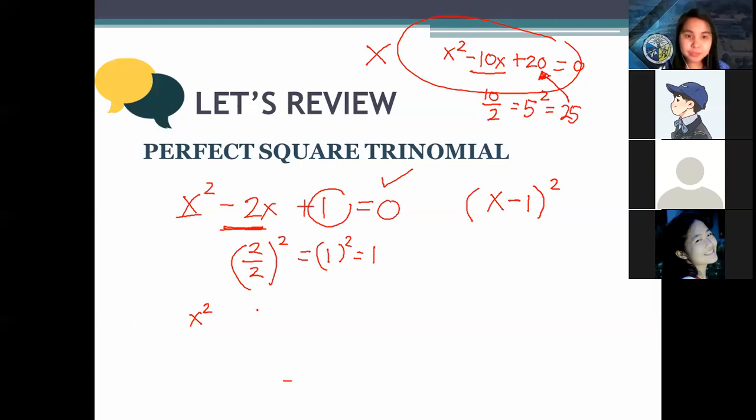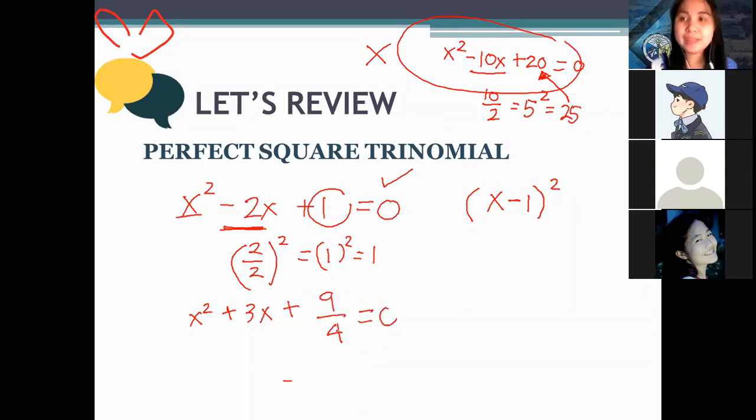x squared plus 3x plus 9 over 4 equals 0. Like that one. Now, how do we check if this is a perfect square trinomial? You go back to the middle term. What will we do? 3 divided by 2, right? Then what will happen after dividing by 2?